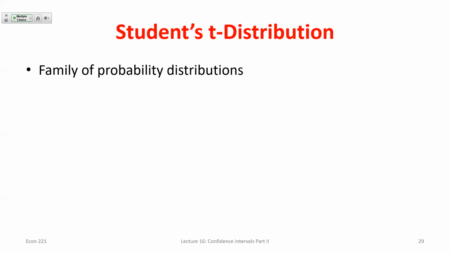So we've got the student t distribution, but we could have several of them, right? Because how much higher is this variance? Well, think about it this way. When I'm dividing by n minus 1, if n is 1,000, dividing by 999 instead of 1,000 isn't going to change this very much, right?